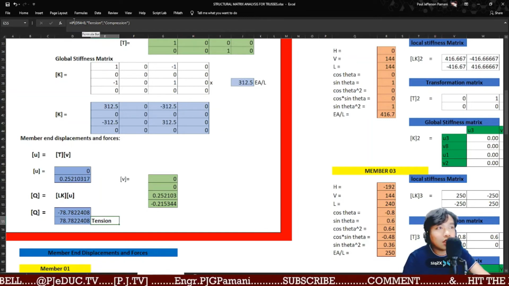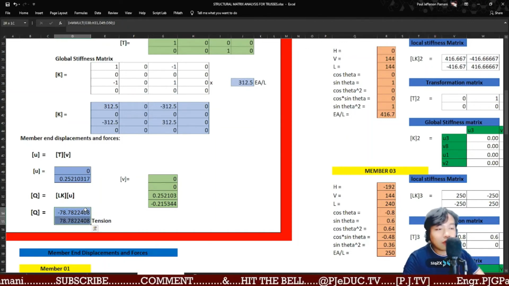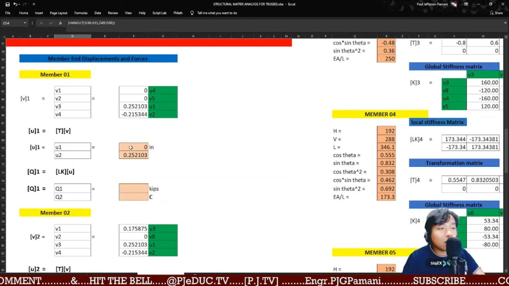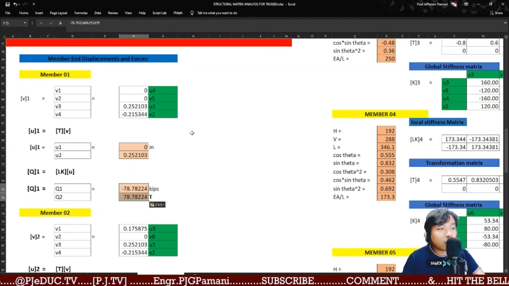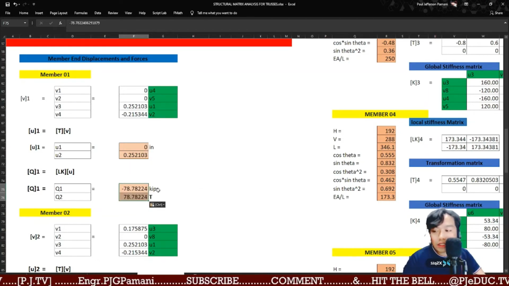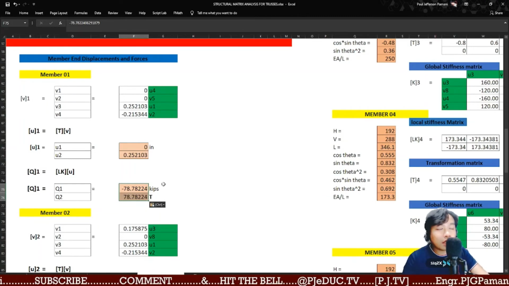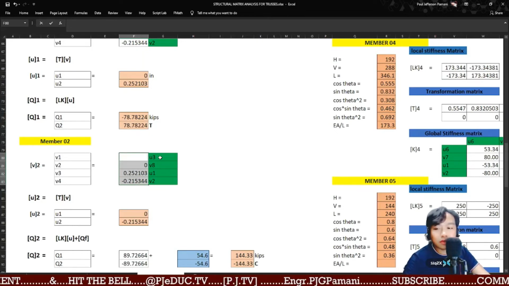Sana nakikita ninyo. Hindi ko ma-zoom eh. Okay? So, yan na yung ating equivalent force at local coordinate system for member 1. But how about the member 2 where there is an increase in temperature and member 5 where there is a decrease in temperature? So, burahin muna natin mga yan.